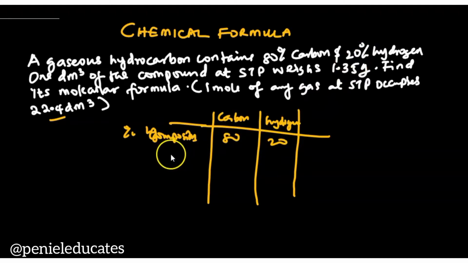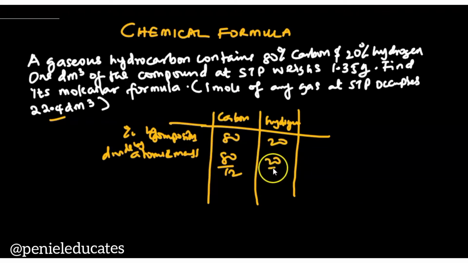Then we divide by the atomic mass of both elements. The atomic mass of carbon is 12, so 80 over 12. The atomic mass of hydrogen is 1, so 20 over 1. Then our answer will be 6.7, and we have this one as 20.